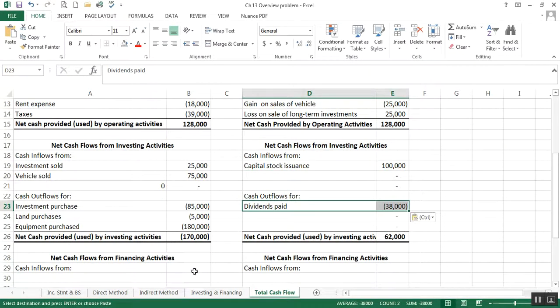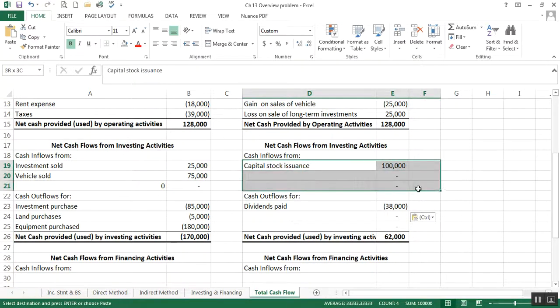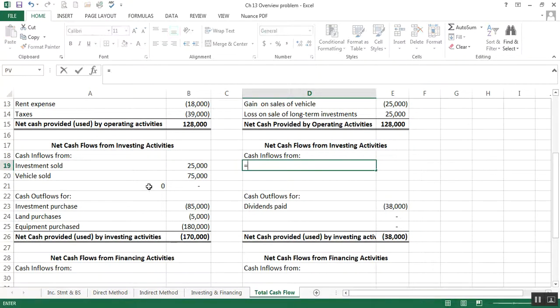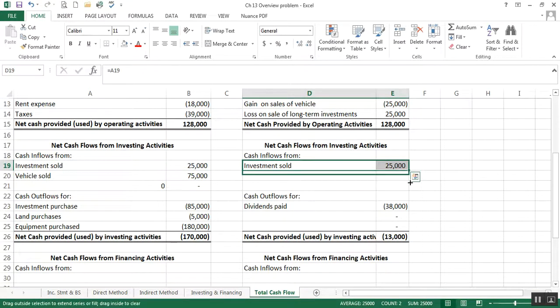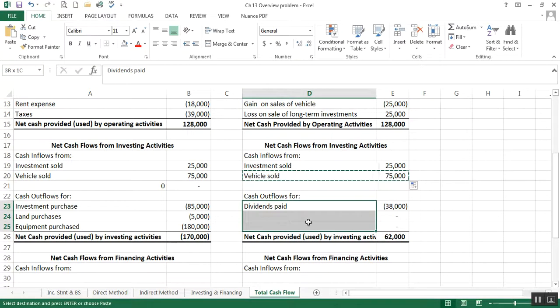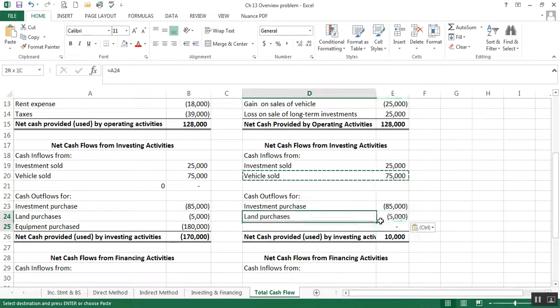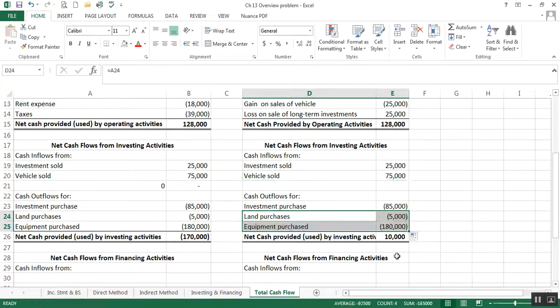All right, so 170, 62. Oops. I'm sorry, this is still financing. There we go, much better. Okay, so that's going to be the same under both.